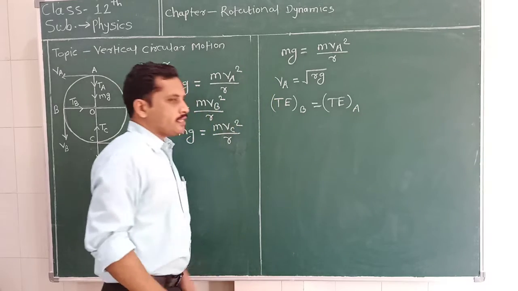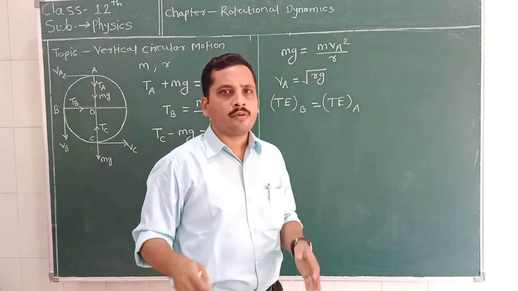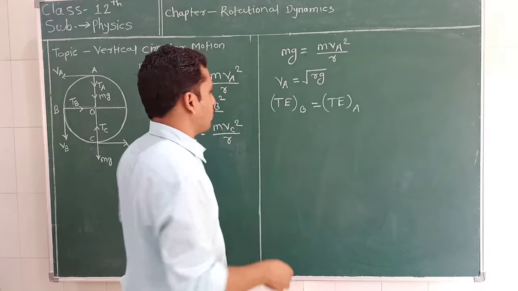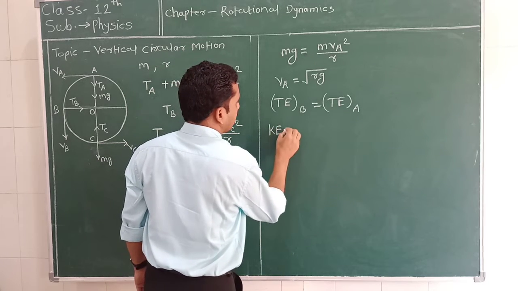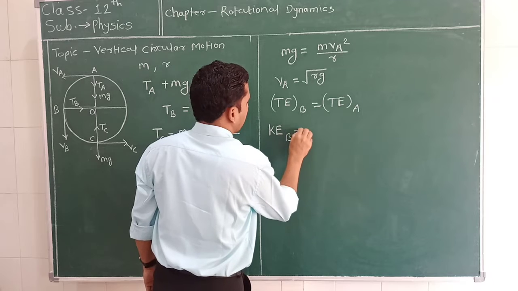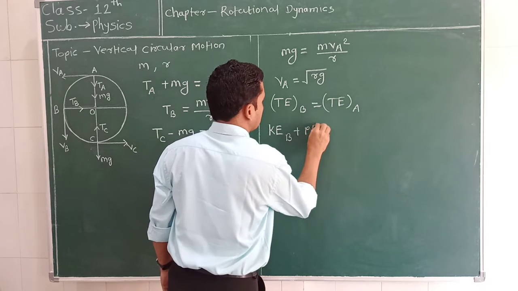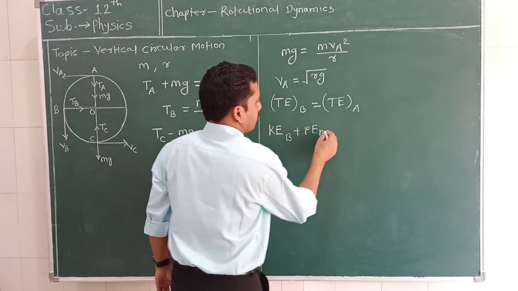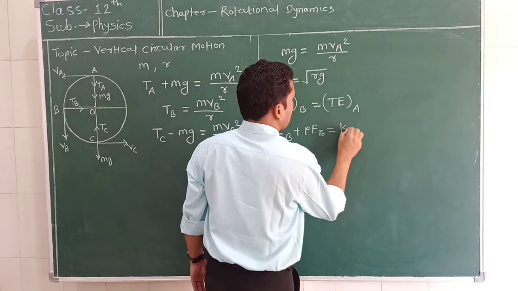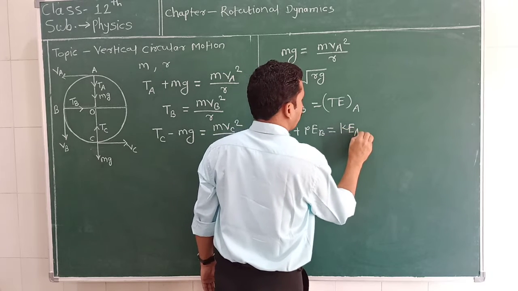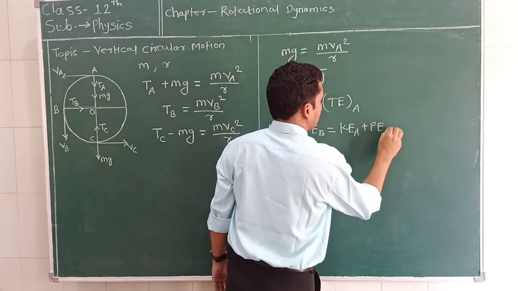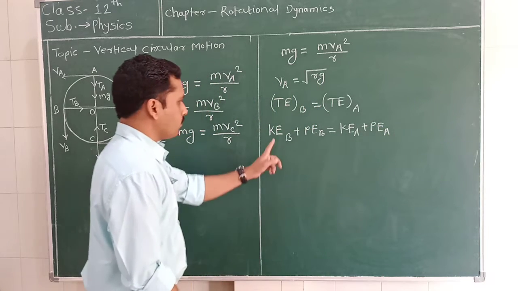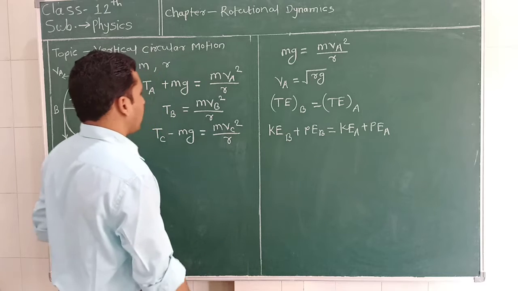What is total energy? Total energy is the sum of kinetic energy and potential energy. Therefore, here we can write kinetic energy at point B plus potential energy at point B, which is equal to kinetic energy at point A plus potential energy at point A. Now, what is the kinetic energy at point B?